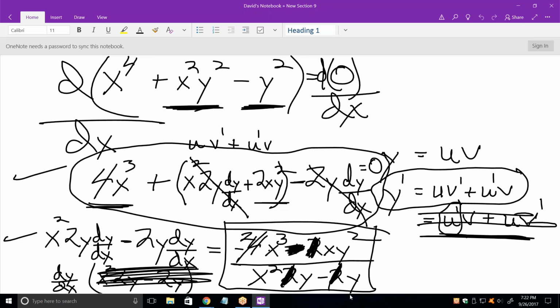So my final answer for y prime, which is dy/dx, is going to be minus 2x cubed minus xy squared all over x squared y minus y. Now, that's the correct answer.